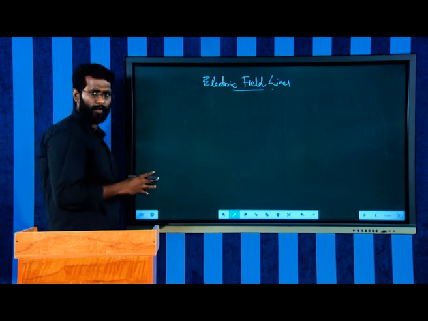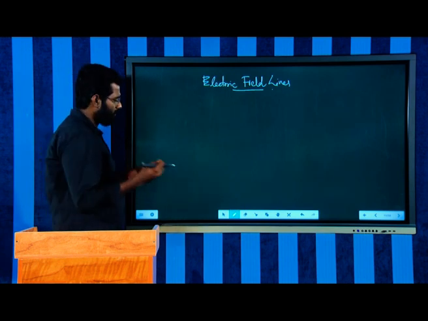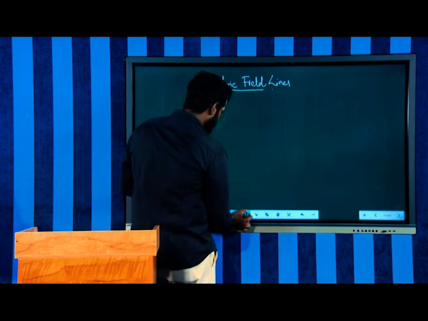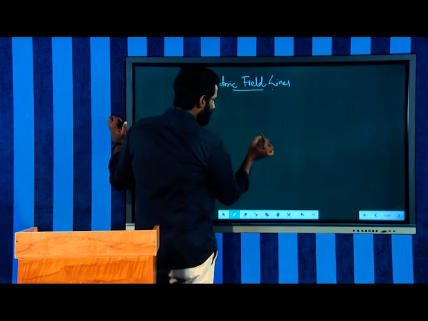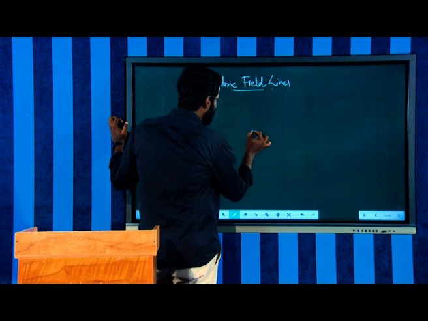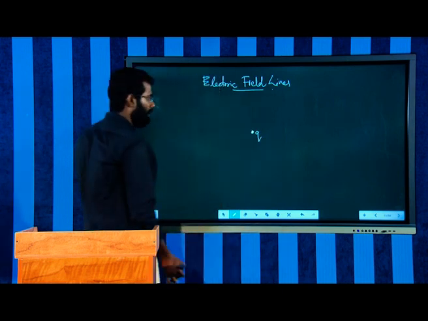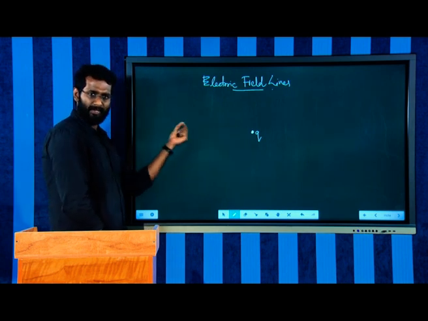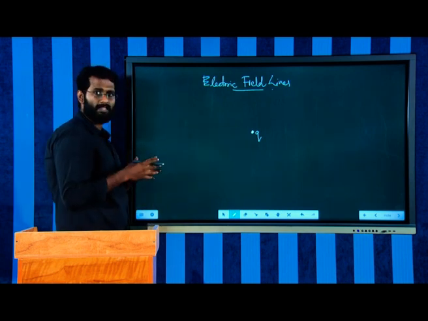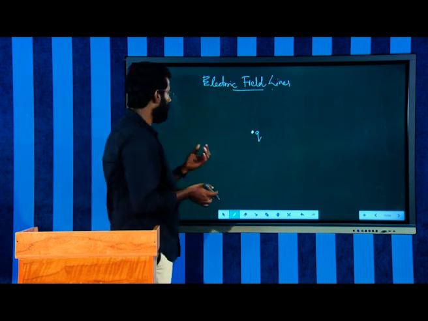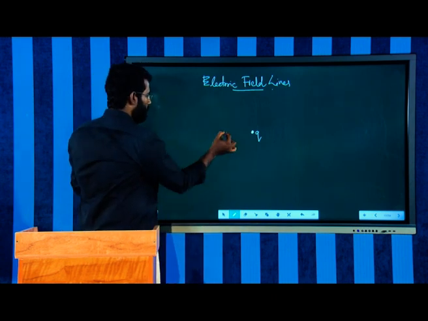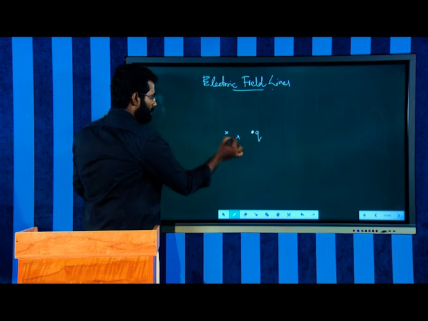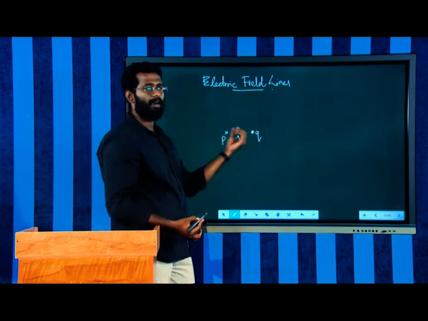Okay. Before going into that, we can do something else. So, imagine that we have a charge q here, and at a distance r from this charge, we know the expression for the electric field. It is a point charge, and let here we have a point P at a distance r from this q.